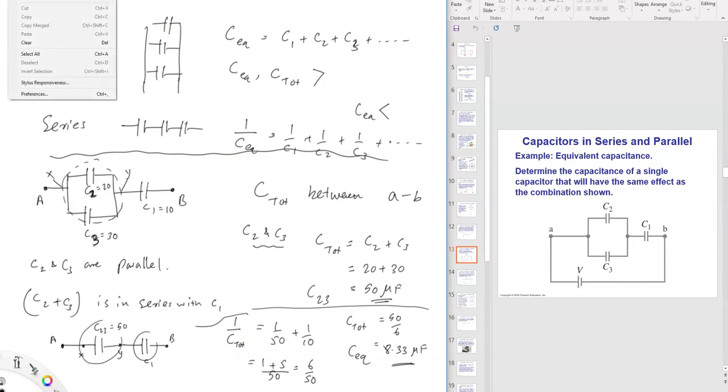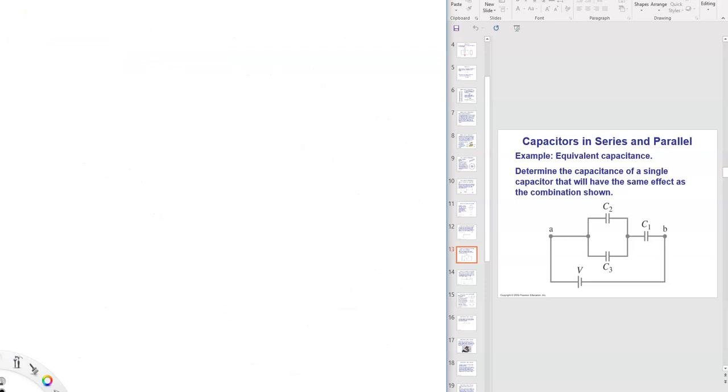I'm going to clear this. So what we had was 1 over CEQ is 1 over 50 plus 1 over 10. So use the calculator. Find what 1 over 50 is. It will be 0.02, I think. 1 divided by 50 is 0.02. Find what 1 over 10 is, which is 0.1.